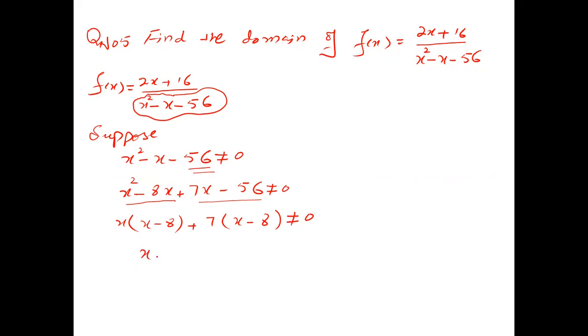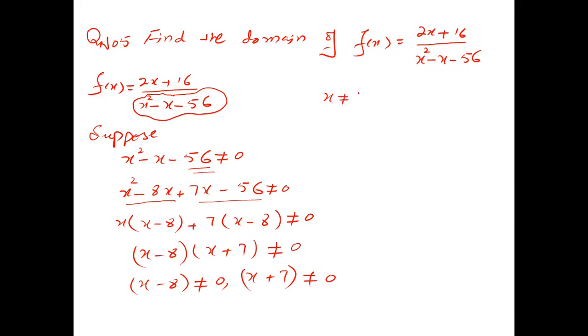So the product of x minus 8 and x plus 7 is not equal to 0. x minus 8 is not equal to 0, in the same way x plus 7 is not equal to 0. Or simply you can write x is not equal to 8 and x is not equal to minus 7.